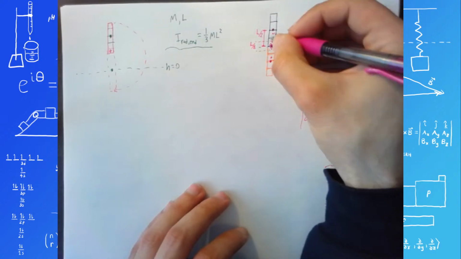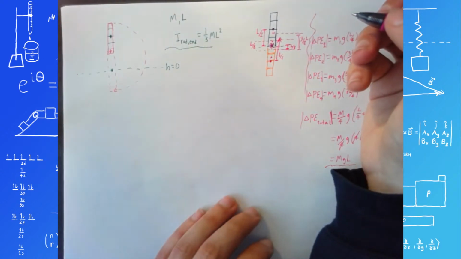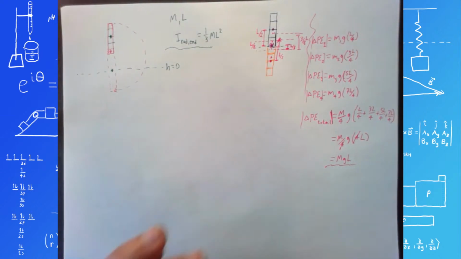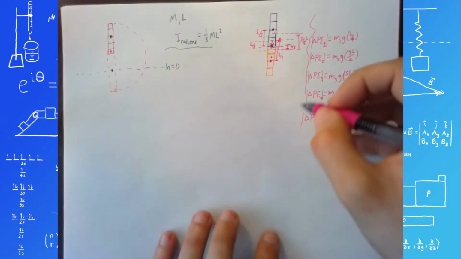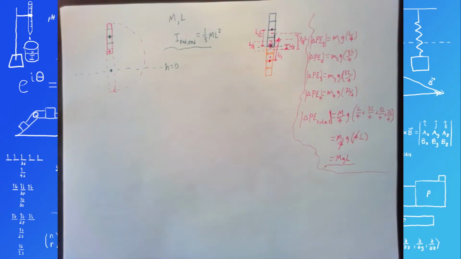So from L over 2 above to L over 2 below, the center of mass moved a total of L, centimeters, meters, whatever units you want to use, away from its initial position. Its potential energy change has a magnitude proportional to L. I know that's not a complete proof, but hopefully this is enough to satisfy.